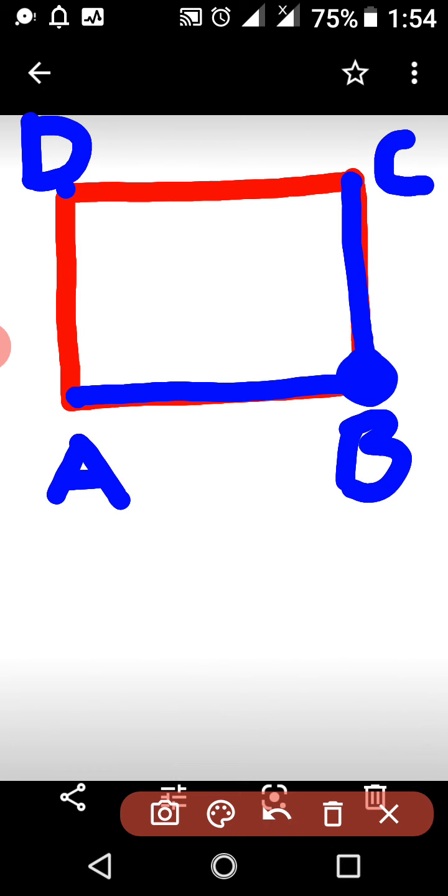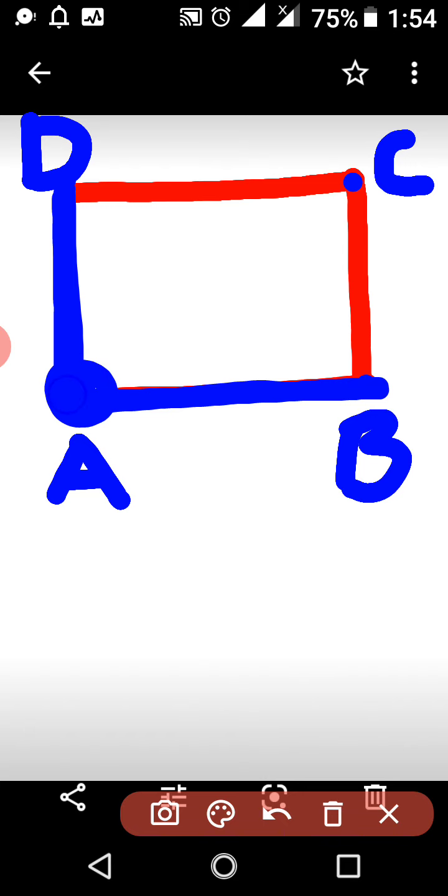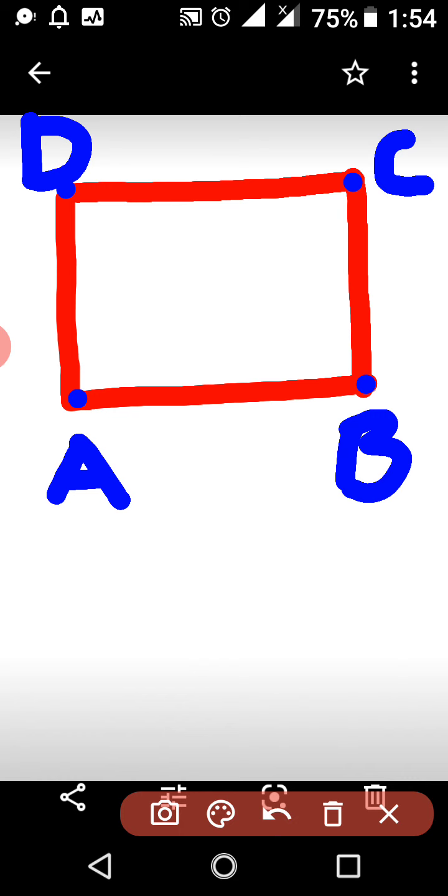In the same way, if you check DA or AD, this is one of the side, and AB is also one of the side. For this both the adjacent sides, A is the common end point, isn't it? So A is also known as vertex here. At the same time, BC is one of the side.